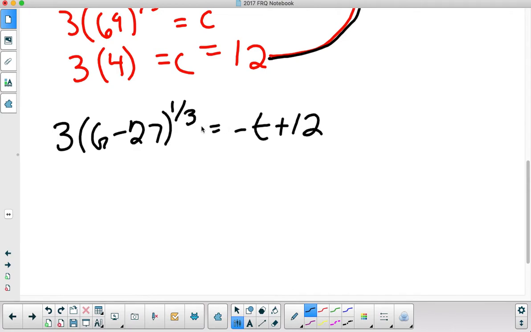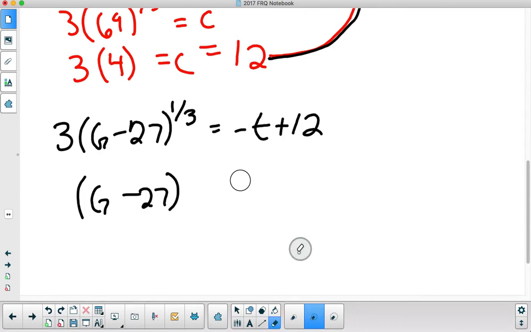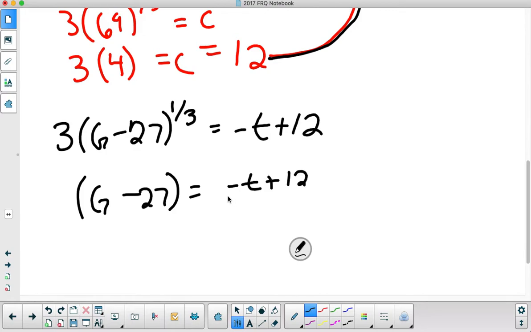Now, the next thing here, I did this in a couple of steps because I thought it made it easier and saved time. So I just rewrote my G minus 27, and then what I did was, on this right-hand side, negative T plus 12, I divided both sides by 3, right?